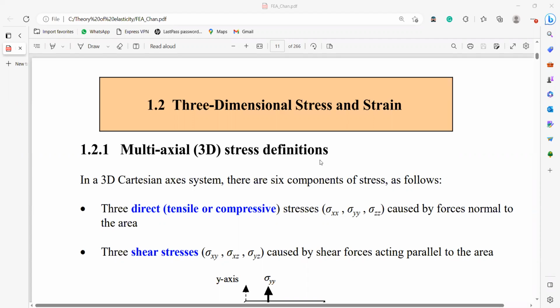And how many stresses do you have? And out of which, how many are normal stresses or direct stresses, and how many are shear stresses? So what is a direct stress and what is a shear stress?